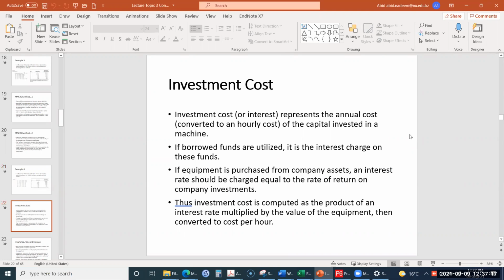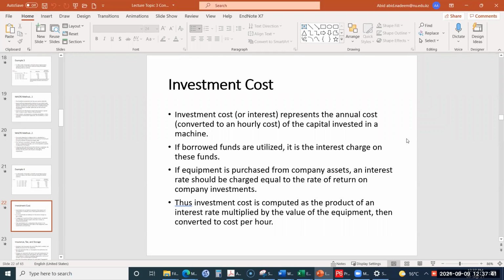Okay, so next we consider the investment cost. Investment cost or the interest represents the annual cost converted to hourly cost of the capital invested in the machine. Remember that our discussion has become quite long since the beginning.